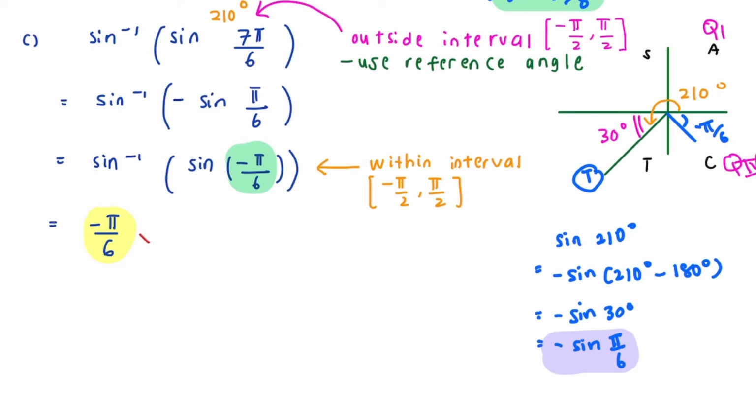Your final answer is negative pi over 6. You can recheck your answer each time by using a calculator. Let me show you how to use the calculator. You can just punch in sine 210 degrees and then the equal sign, and then punch inverse sine, answer, equal. You should get the answer here, negative 30 degrees.